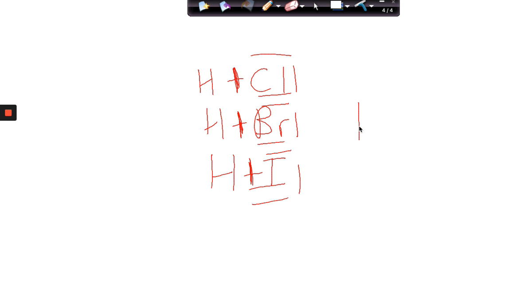If you look at hydrofluoric acid, fluorine is the most electronegative element on the periodic table. It is so stinking electron hungry, such a strong electron attractor, that it creates such a strong bond with hydrogen that it doesn't break very well.